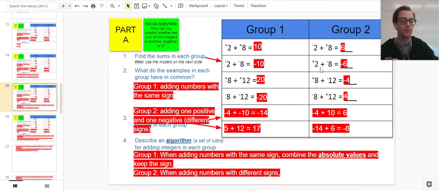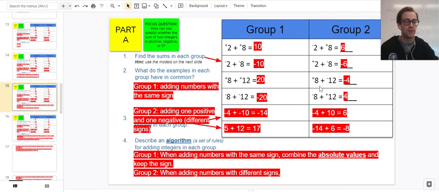Okay, well, first I'm going to find the difference. Okay, positive 2 plus negative 8. The difference between 8 and 2 is 6. This time, my bigger absolute value, 8, is negative, and my sum is negative. So it seems like this might be the algorithm. If you're adding numbers with different signs, you're going to find the difference between the absolute values, meaning subtract them, and then keep the sign of the number with the bigger absolute value.